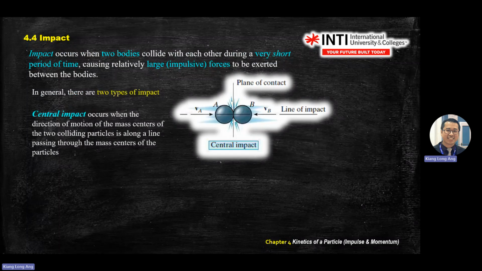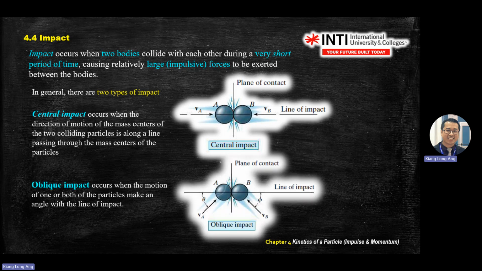Right. So for impact, there are two types. If you are playing snooker, then this one is easy for you. One is central impact, one is oblique impact. What do I mean by central impact? Central impact means the two balls or two spheres meet in a straight line.